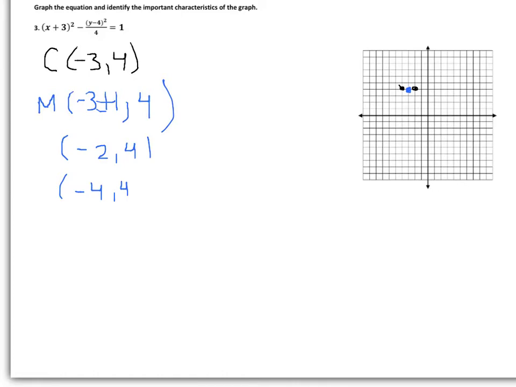They're the major. Now, the minor are going to be negative 3 comma 4 plus or minus 2. So negative 3 comma 6, negative 3 comma 2. So right here, and then remember we make the little box.